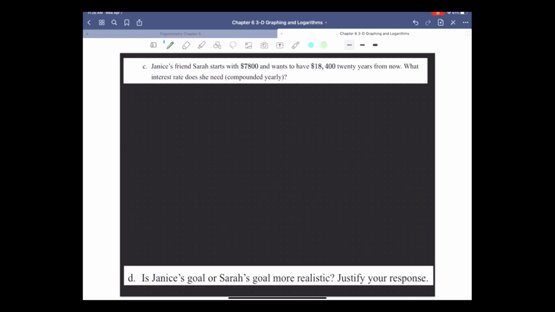So we're going to use that same equation. What was it? Y equals A times 1 plus or minus B to the X. Do we know what we want to put in for Y? 18,400.